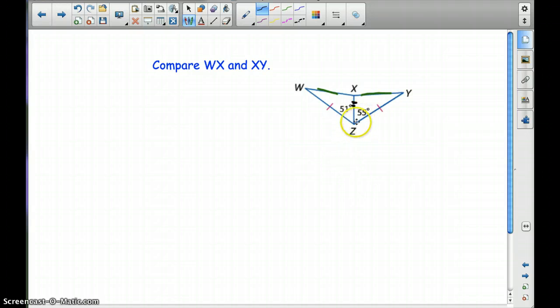Now using the Hinge theorem, it says that if that middle angle is bigger, like so, than the other middle angle between those 2 congruent sides, then we can say that XY is going to be greater than WX. Okay, because of the Hinge theorem.